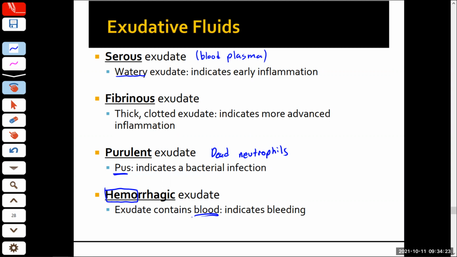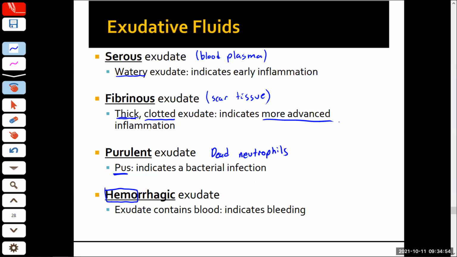Now getting to fibrous exudate. Fibrous exudate is very thick. It is, for lack of better terms, chunky because of scar tissue. It has collagen in it. What I'm getting at is fibrous exudate is probably the most advanced sign of inflammation.